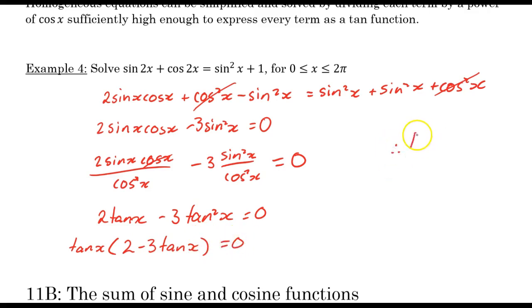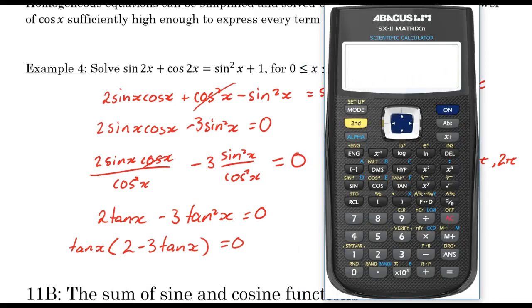Therefore, tan x equals 0. It means that x equals 0, pi, or 2 pi, or tan x equals 2/3. In which case here, this is a bit fiddly, we have to pull out the calculator.